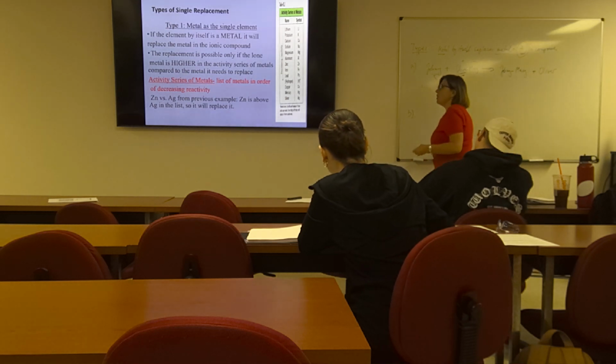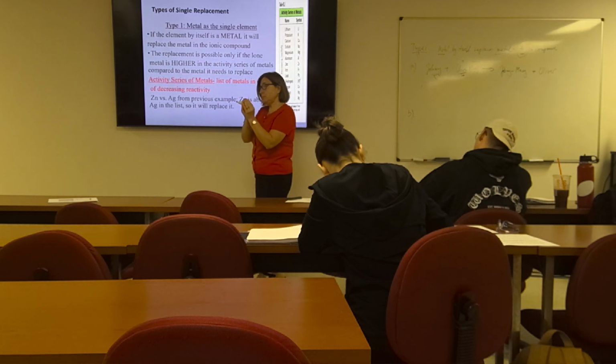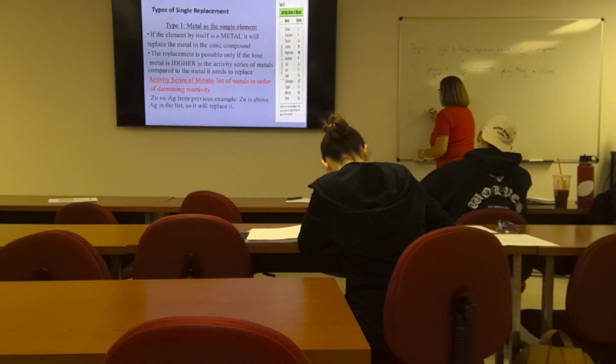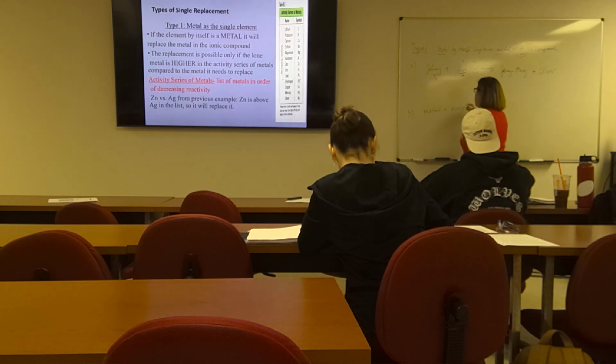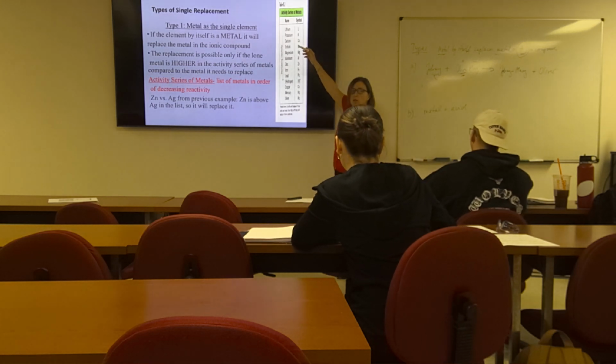What compounds can we talk about? Acids, they start with hydrogen, or water, it starts with hydrogen, okay? So metal plus water, or metal plus an acid, that means metal replaces the hydrogen, if the metal is above hydrogen on this list.